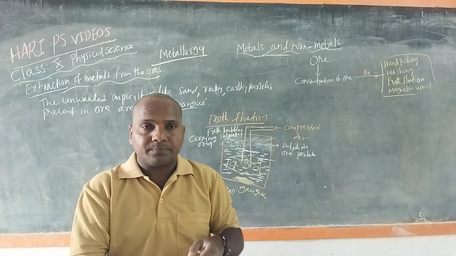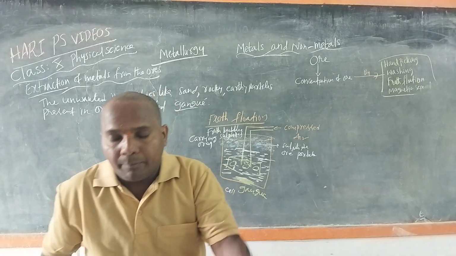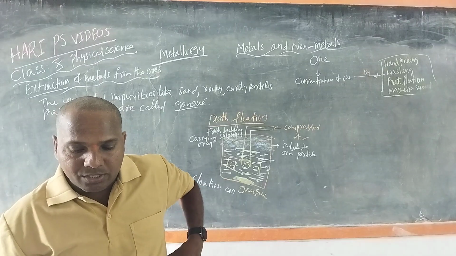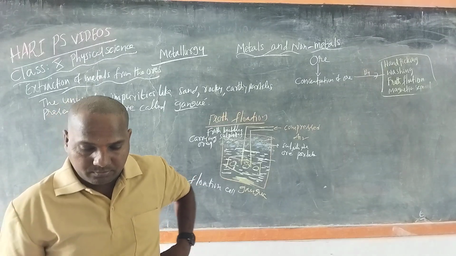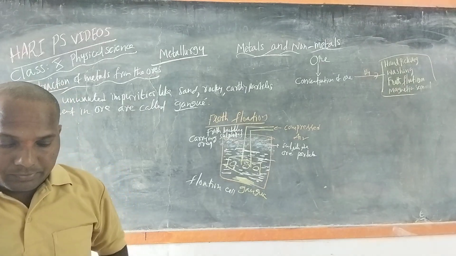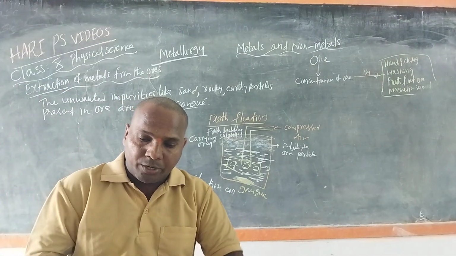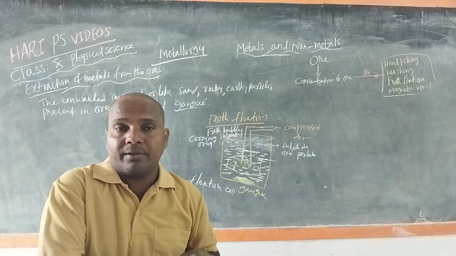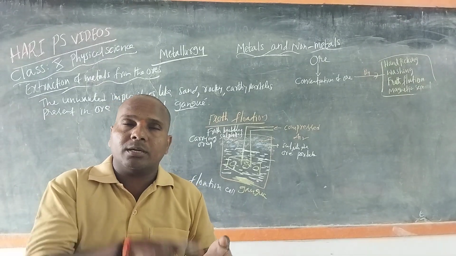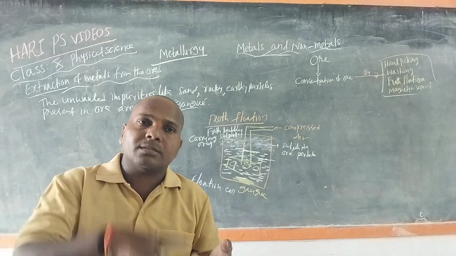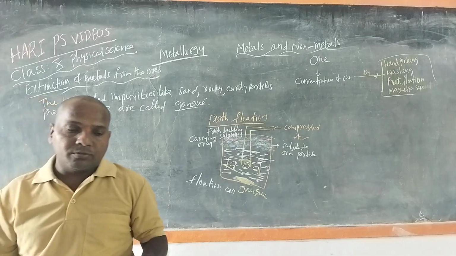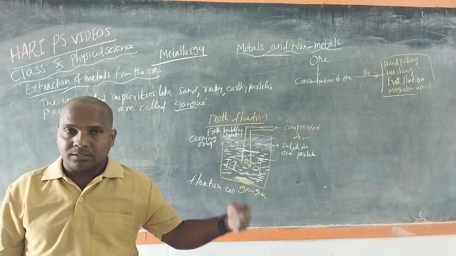The next process is conversion of concentrated ore into metals, which involves three ways: for highly reactive metals, moderately reactive metals and low reactive metals. Based on that, after a few minutes we will discuss it.